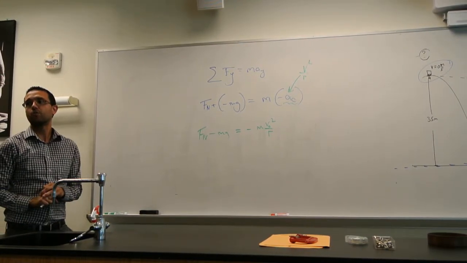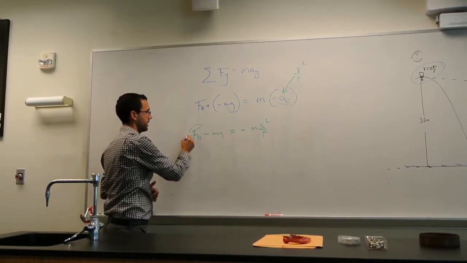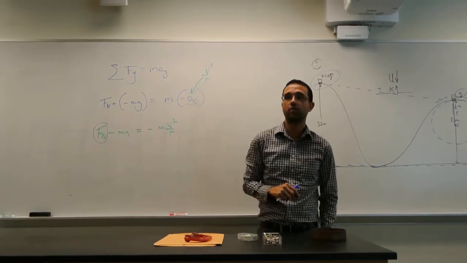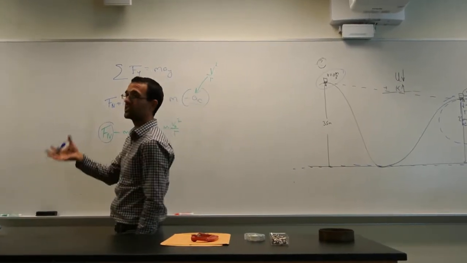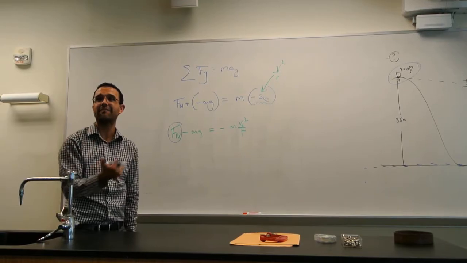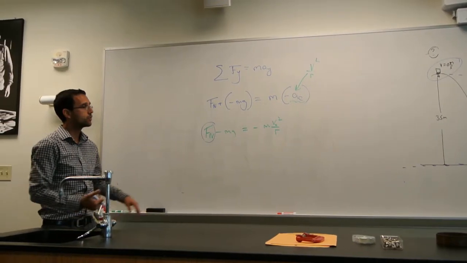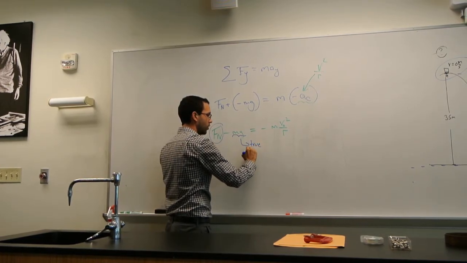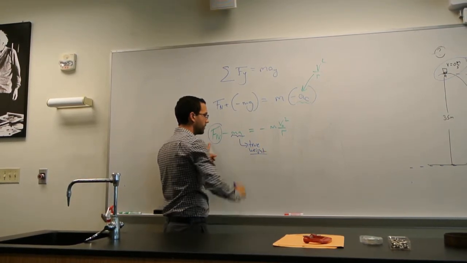Now, here's where the terminology comes into play. This is where you have to remember some of the terminology that we mentioned back in the forces chapter. It says that the person's apparent weight is half of their true weight. Now you have to remember that mg is called the true weight of the passenger.